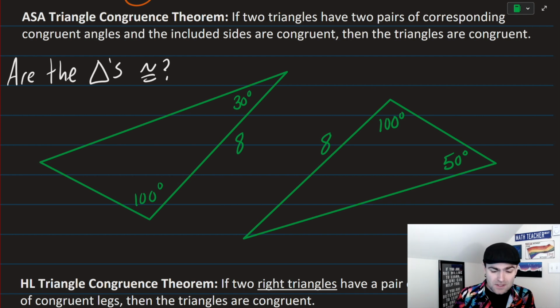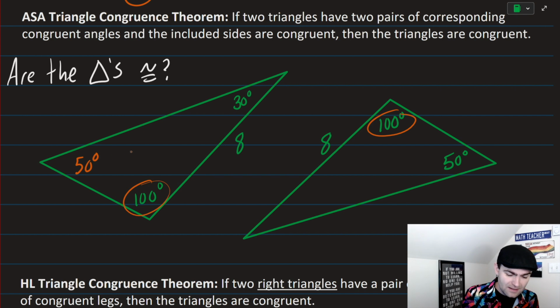So if we look at the angles here, I see I have 100 and 100, and I have a 30 here and a 50 there. That's not quite what I need. But remember that for triangles, there's 180 degrees within a triangle, so if I give you 2 angles, you can always find a third. So in this case here, we have 100 plus 30, that makes 130 together. 180 to use, so 180 minus 130 would be 50 degrees.